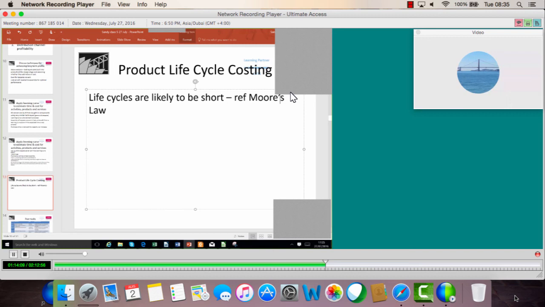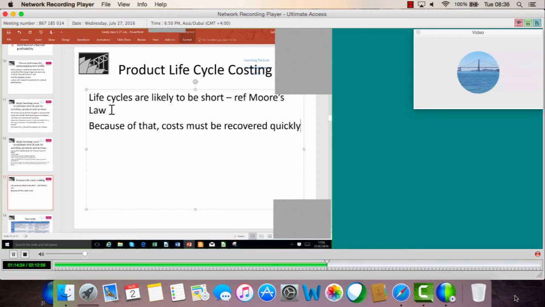So life cycles are likely to be short, and because life cycles are short, costs must be recovered quickly.